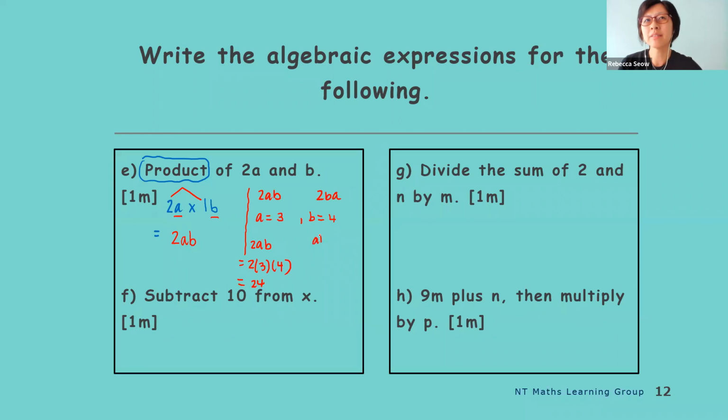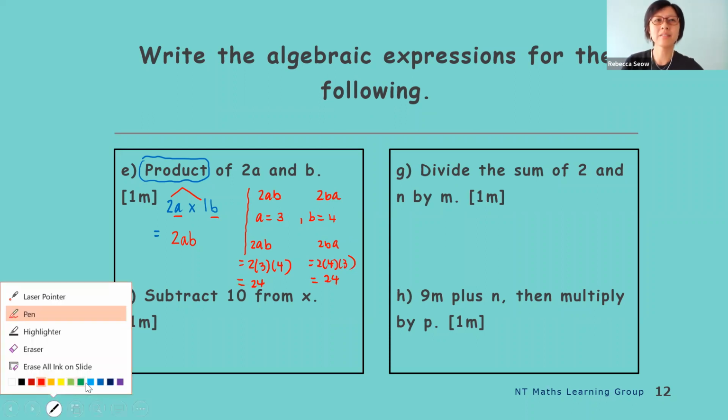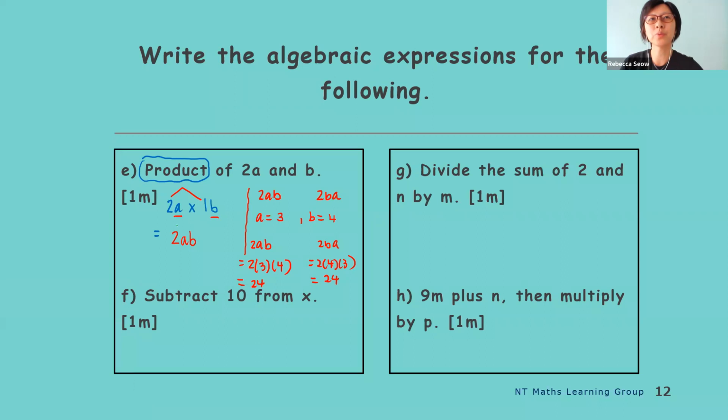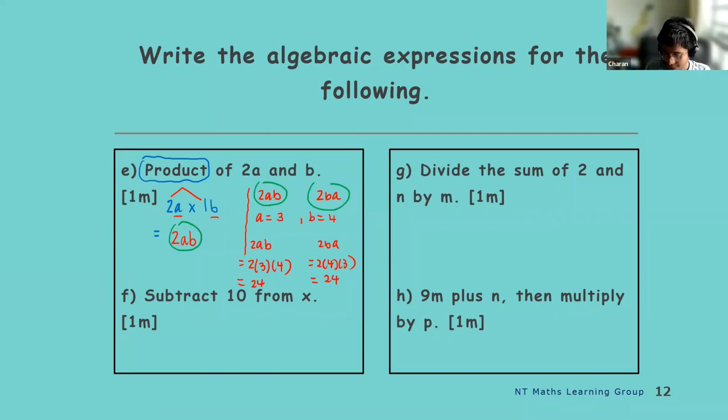If we switch it around, 2BA will be 2 times 4 times 3, which is also 24. So both are accepted. It's just that it's definitely better to put 2AB. So this question has got 2 answers.